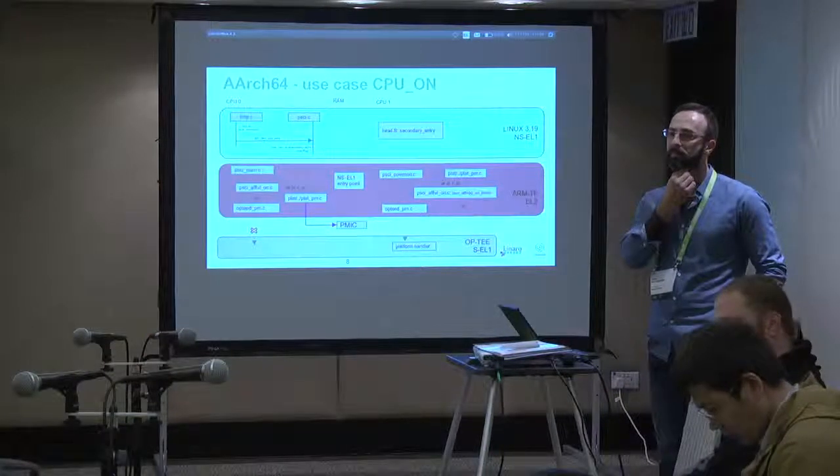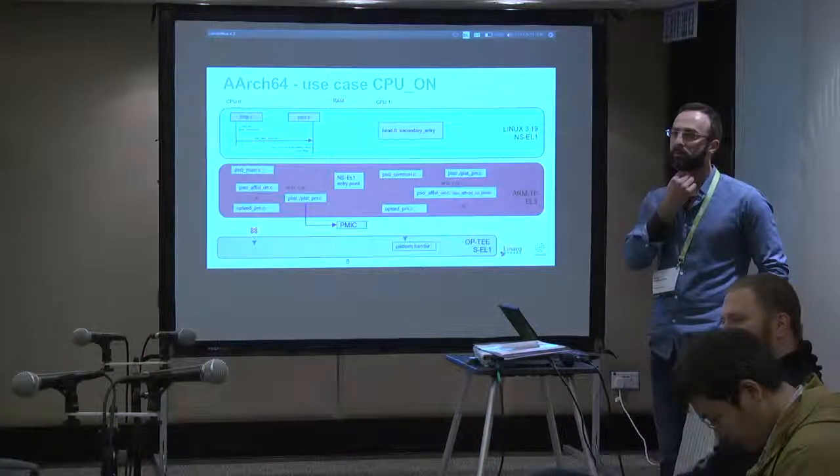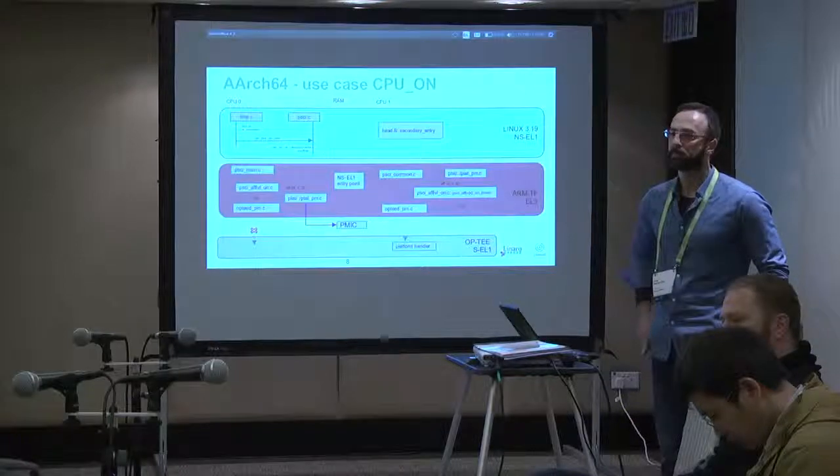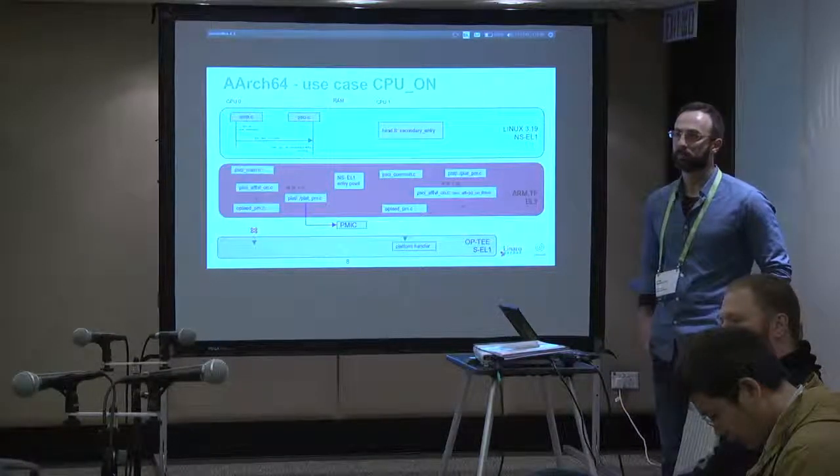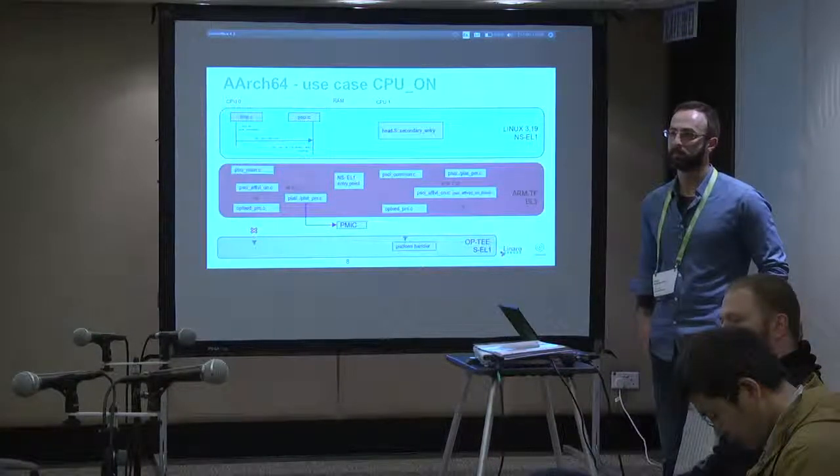The issue is about whether you've been able to safely power down that core in a way that leaves the system intact. Because if you just power down the core and you haven't programmed the interconnect and taken the core cleanly out of coherency, you're now left with a system that is unstable.